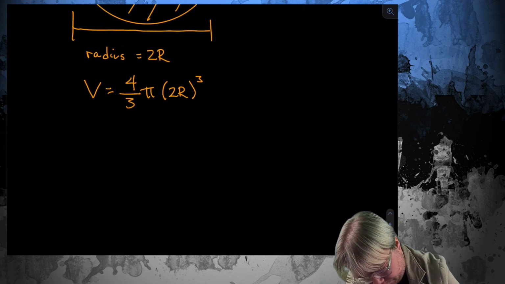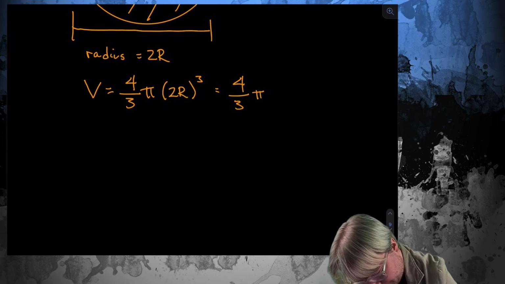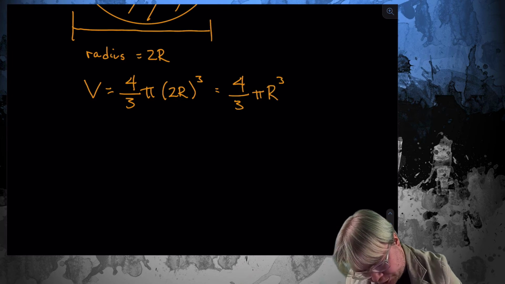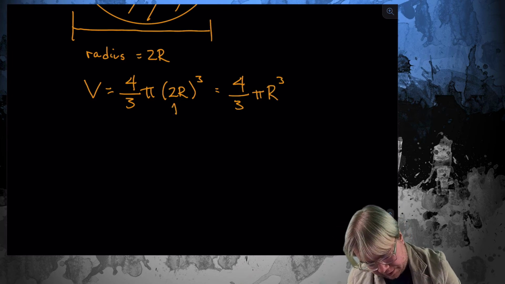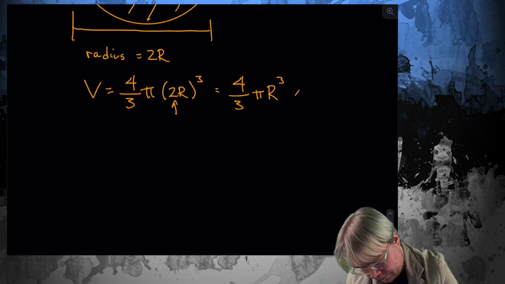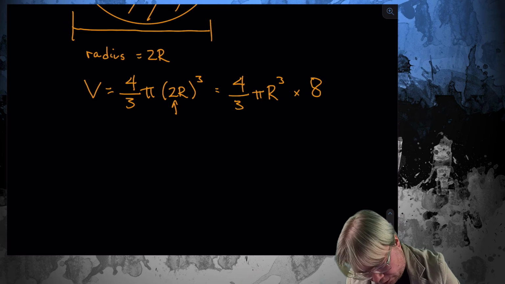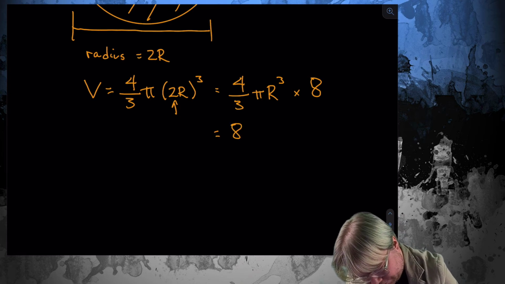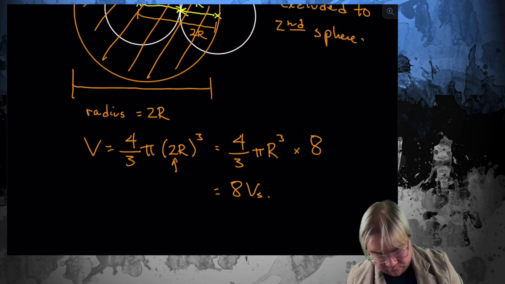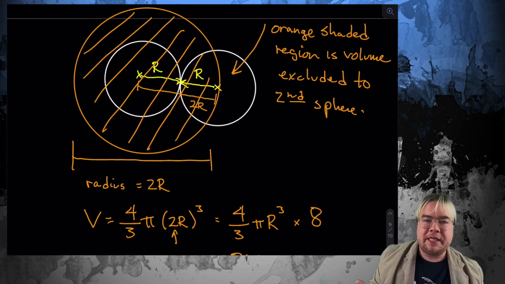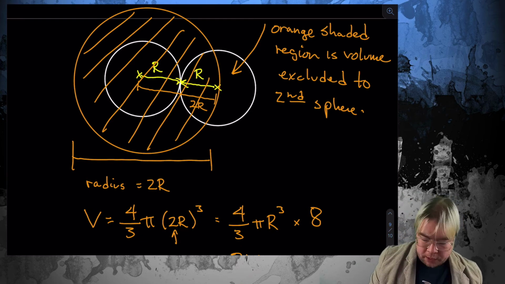So if we carry this through, I've got 4/3 pi r cubed, and then the expression here, I've got 2 cubed times 8. So this volume here is going to be 8 times the volume of one sphere. So that's what the excluded volume is.